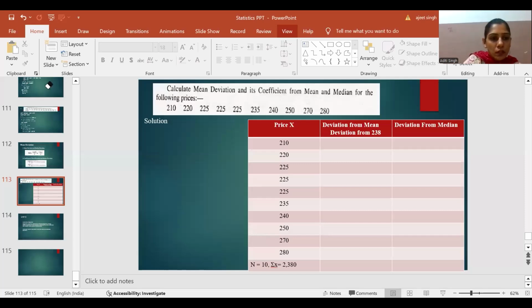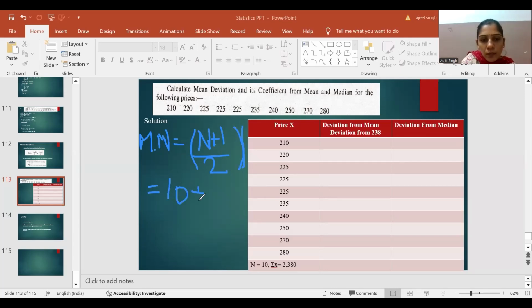What is the value of n? The value of n is 10. 10 plus 1 divided by 2, so 11 divided by 2 is 5.5. So the median number is 5.5.